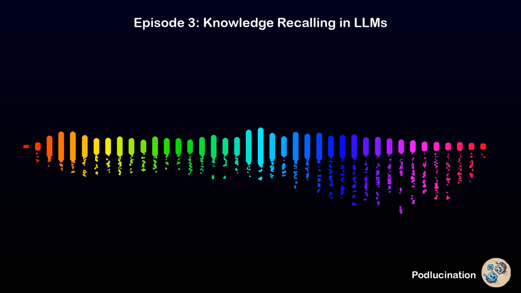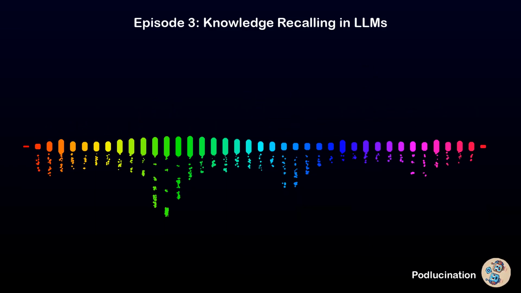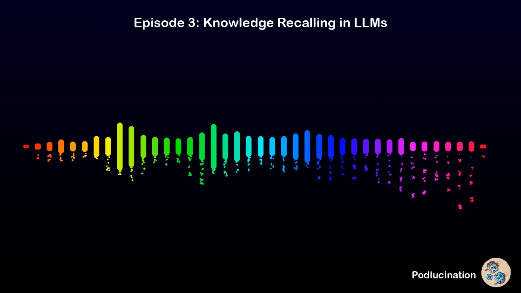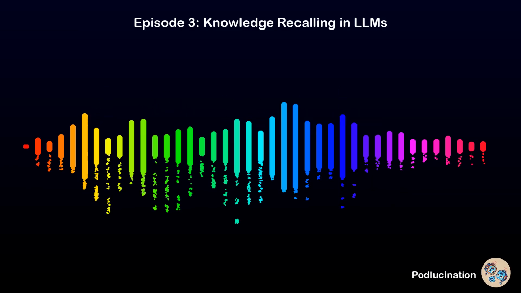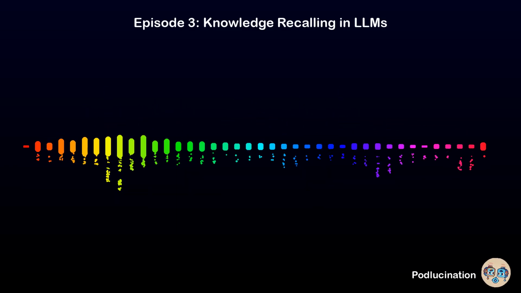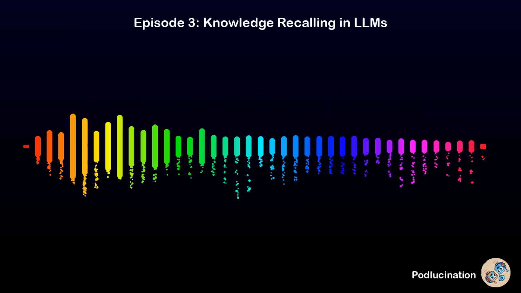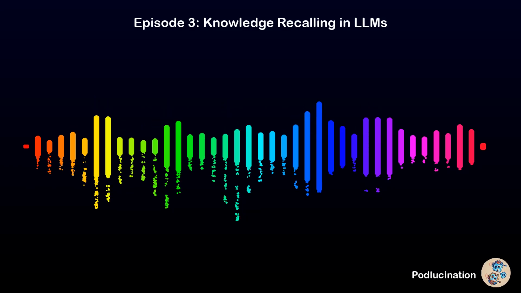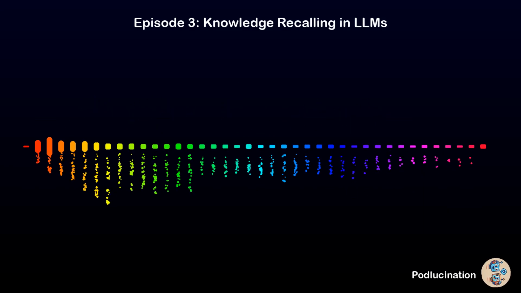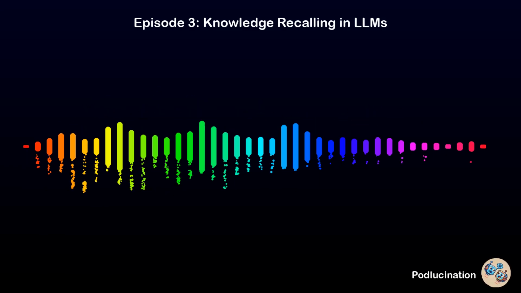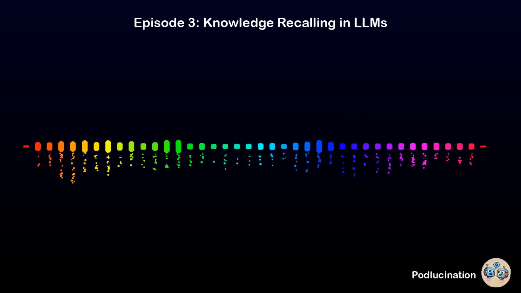At its core, they're essentially pinpointing the parts of the model's brain responsible for making those connections and retrieving the right info at the right time. Exactly. Fascinating stuff. LLMs are clearly more than just pattern matchers. Way more. They're developing complex memories and even mechanisms that resemble human reasoning. It's pretty mind-blowing.